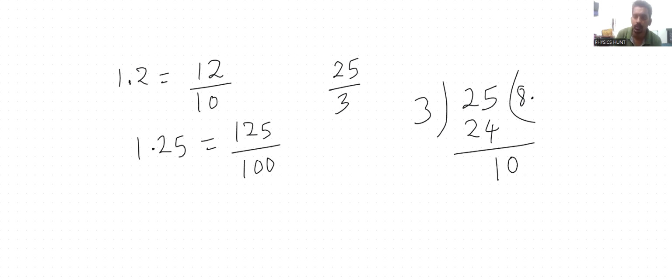So 3 3s are 9. So now remaining 1. So already one decimal is there, you can keep 1 zero. So 3 3s are 9, and so on. Like that, if you take division, the fraction you can convert into decimal.